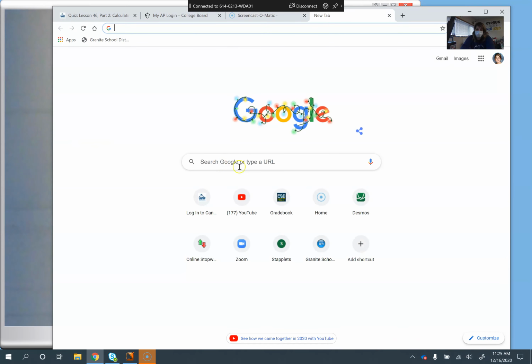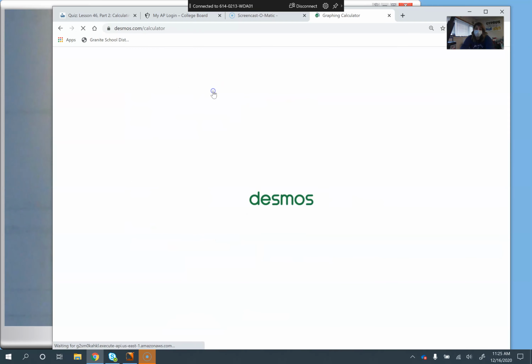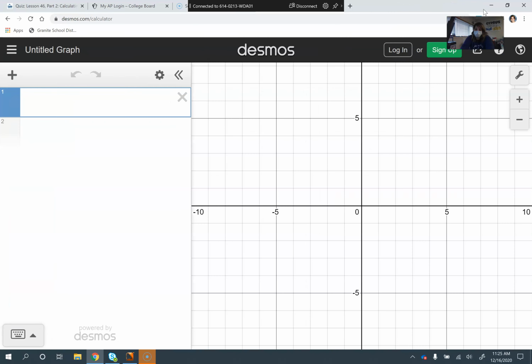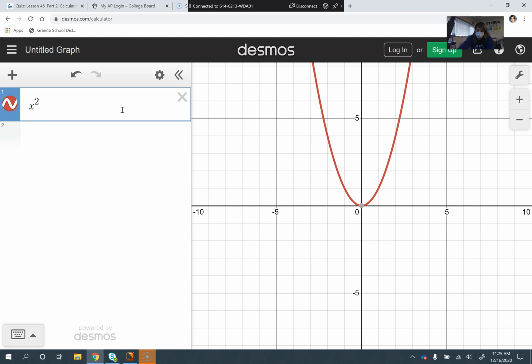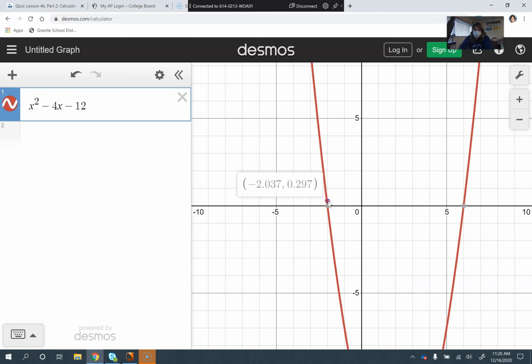You guys know that, yes? So if I go to my graphing calculator in Desmos, I have to plug in x squared minus 4x minus 12, and my x-intercepts will help me factor this.